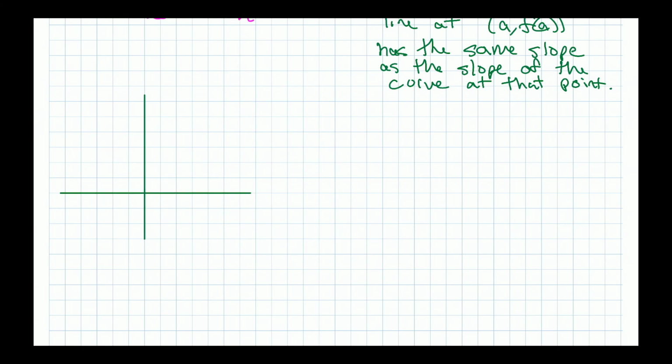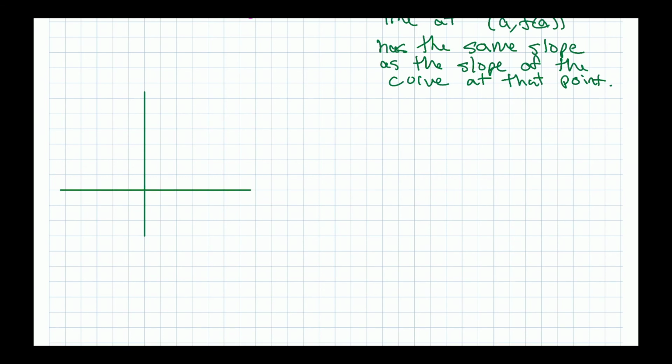Make it level. Okay, there we go. And I kind of actually want it a little more curvy than that. Yeah, that'll work. So let's say we want a tangent line right here.